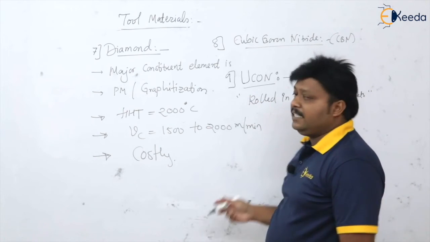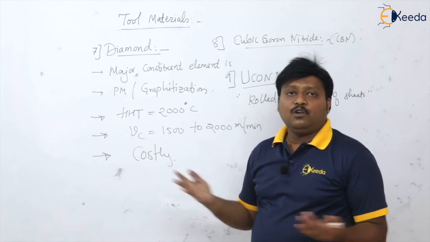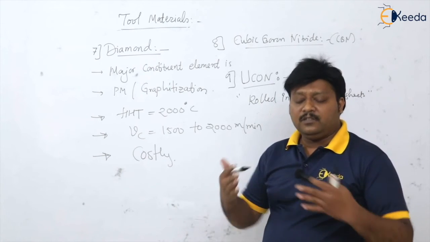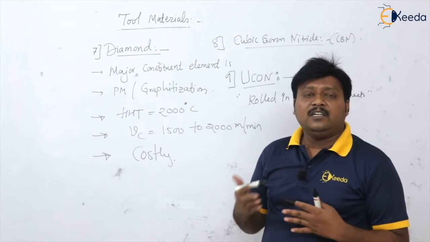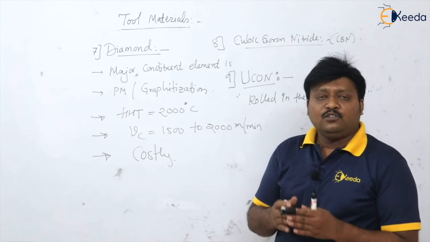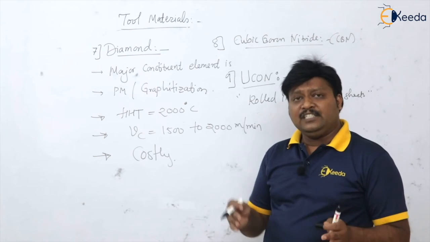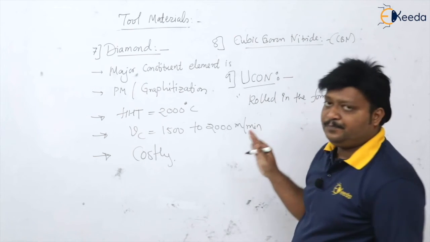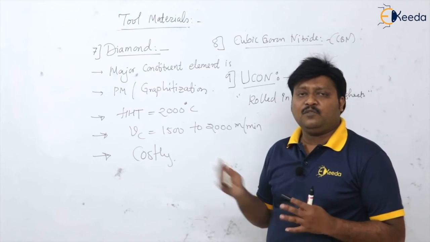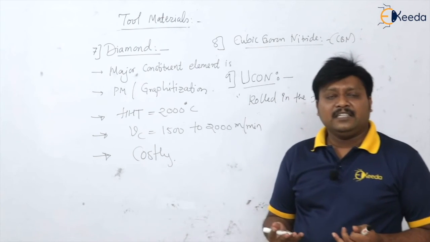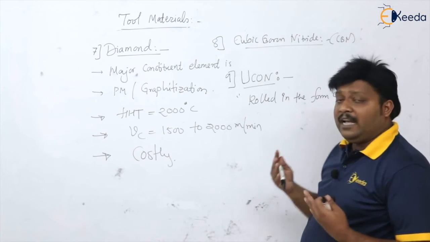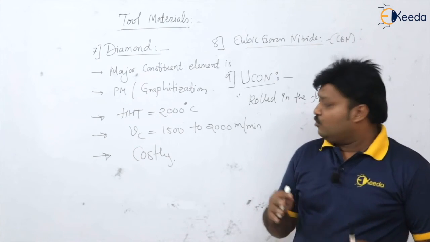Just like use-and-throw-away type inserts, you have the rhombus insert, the triangular, the rectangular. Whatever shape of insert you want, you can cut it by using a non-traditional machining process, maybe laser cutting, electron beam machining, EBM.